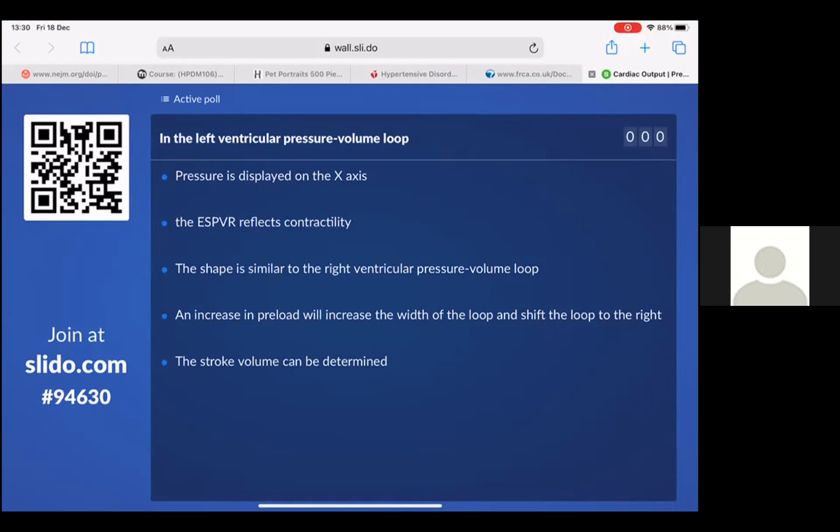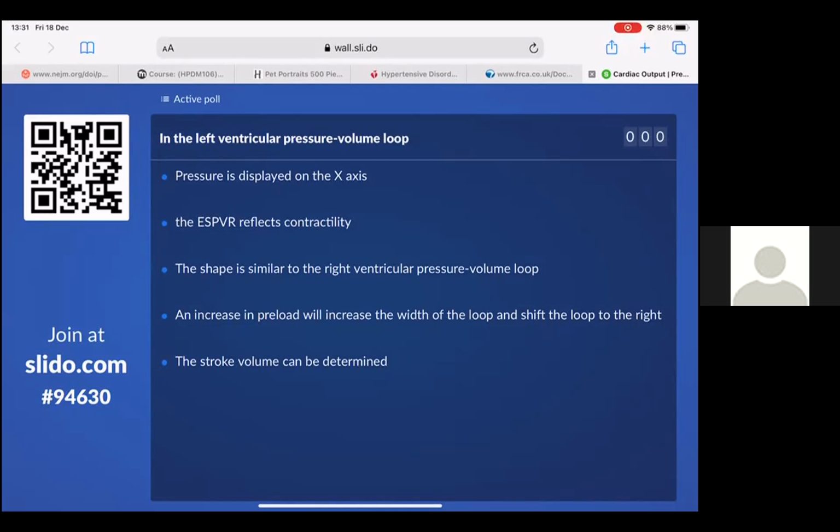Increasing preload will increase the width of the loop and shift the envelope. So preload will increase cardiac output and potential stroke volume. So it would increase the width because width is the volume.